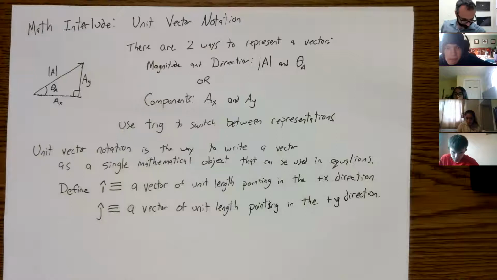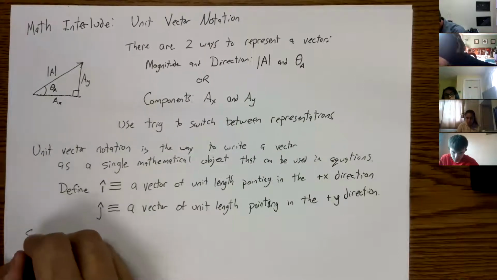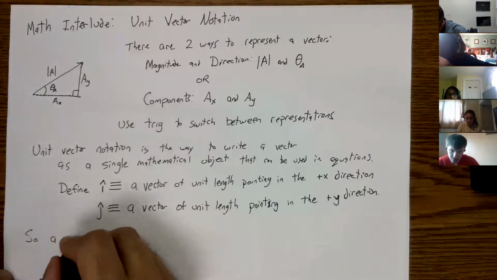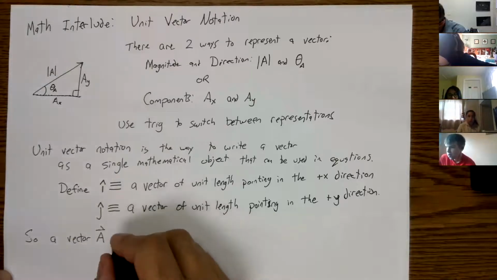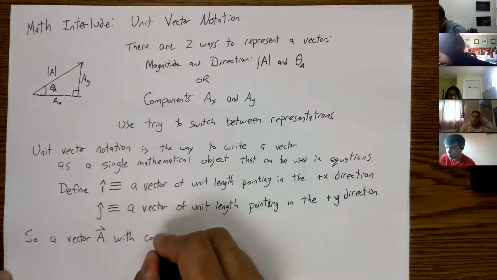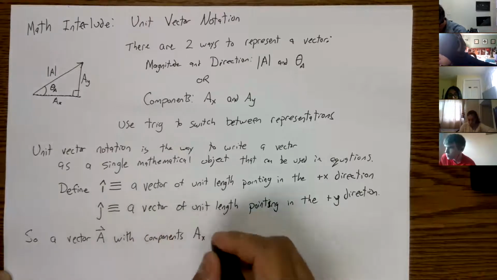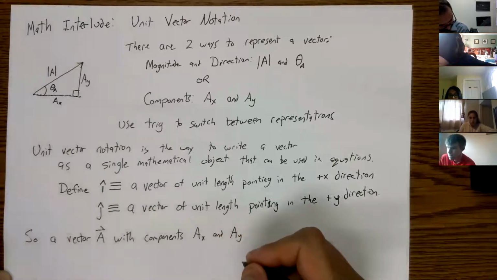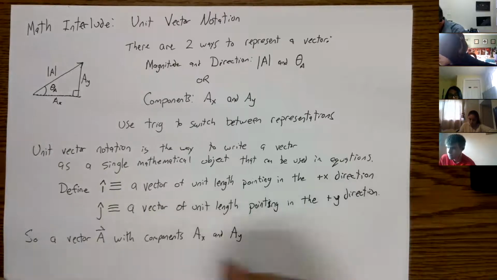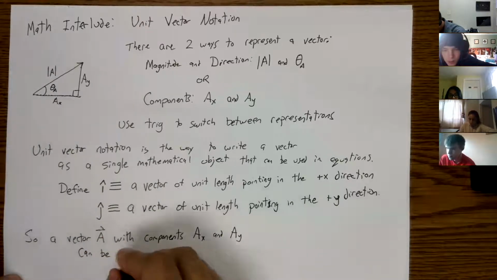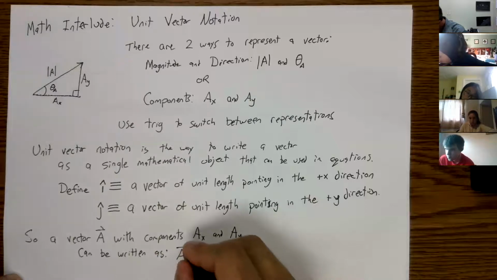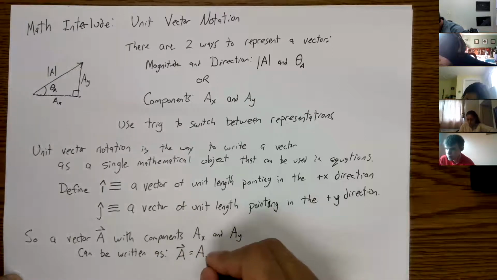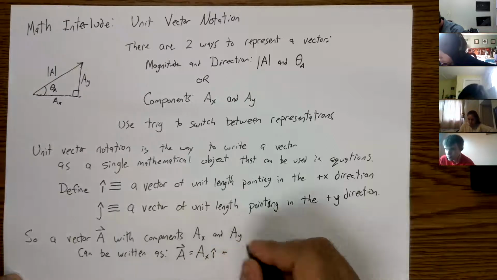So that means any vector. So if we have our generic vector A with components AX and AY, that can be written as that vector A equals the x component times i hat plus the y component times j hat.